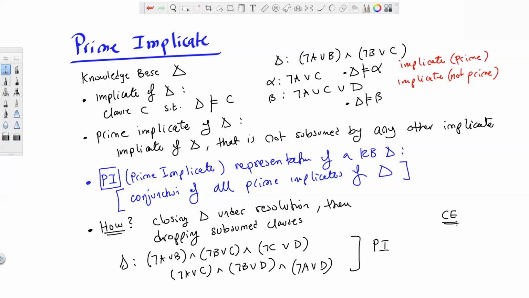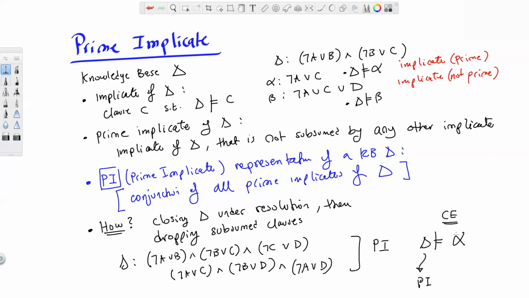Now, if your knowledge base is in prime implicate form, then checking whether a certain clause is implied by this, remember this is in PI form, is just a matter of checking whether any of these clauses is a subset of this. So if a clause in delta is a subset of alpha, then of course we know that it's implied. If no clause of delta is a subset of this, you know for sure that alpha doesn't follow. So now clausal entailment, which is generally a hard query, becomes easy in this particular case.